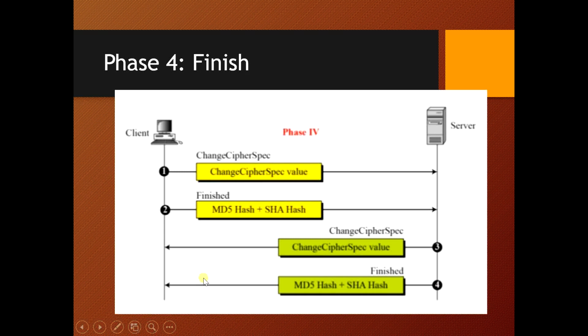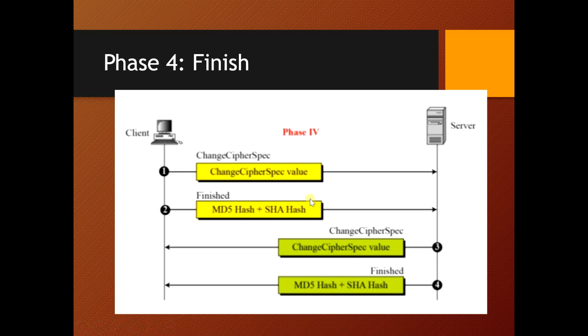Finally, we have phase 4 of the handshake protocol. This phase completes the setting up of the secure connection between the client and the server. The client will send a change cipher spec and copy the pending cipher spec into the current cipher spec.